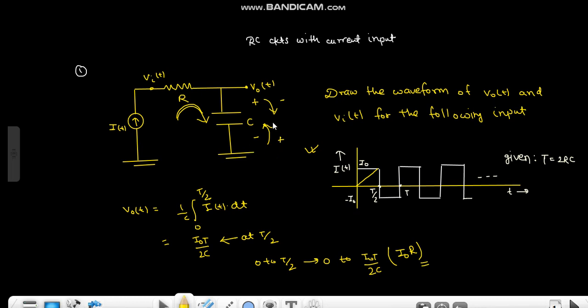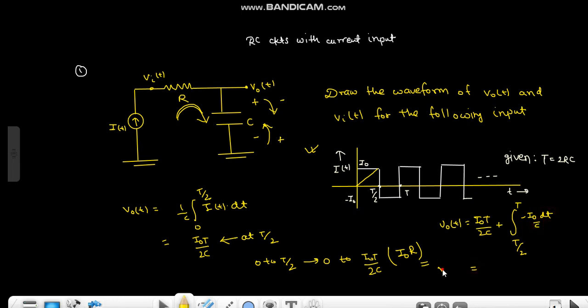Basically it is charging but in the opposite direction, so we can say it is discharging only. We can write the equation as well. V0(t) equals I naught T by 2C, and then for T by 2 to T the current is minus I naught, times dt by C.